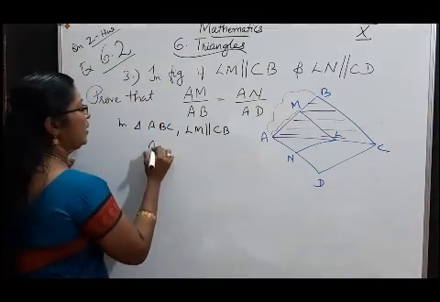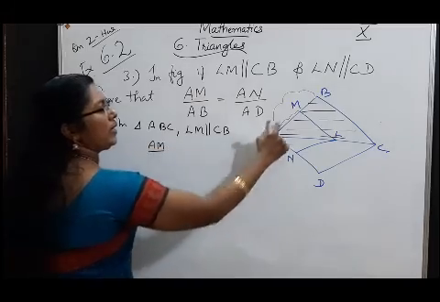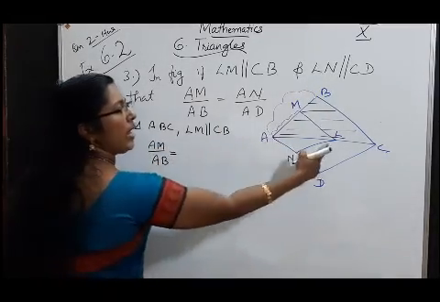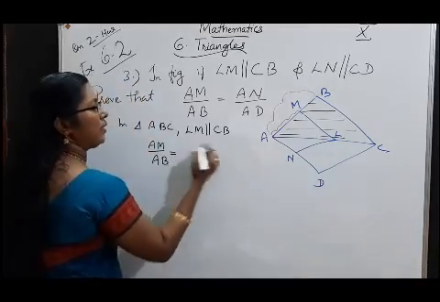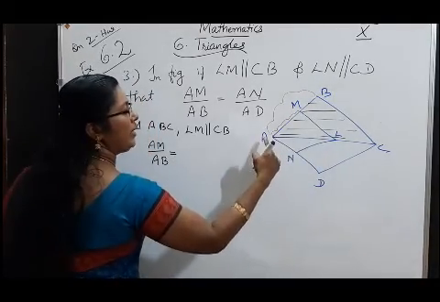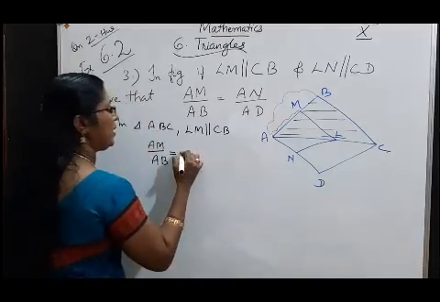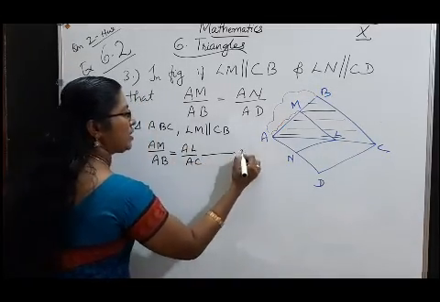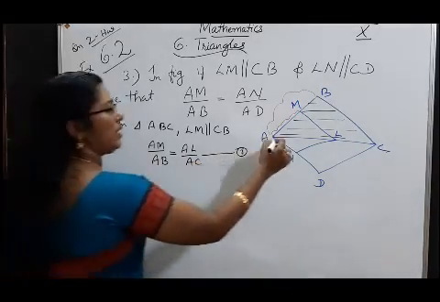We can write AM by AB equals AL by AC. Equation number 1.